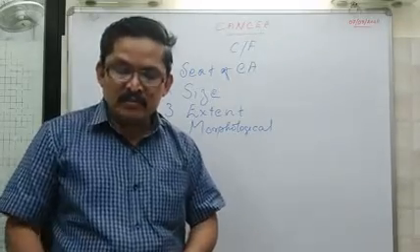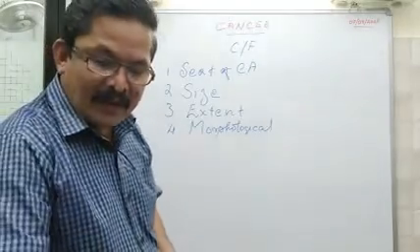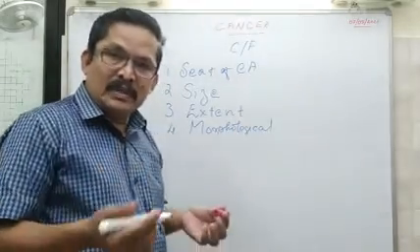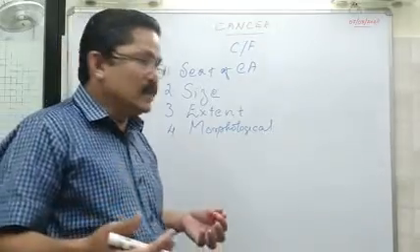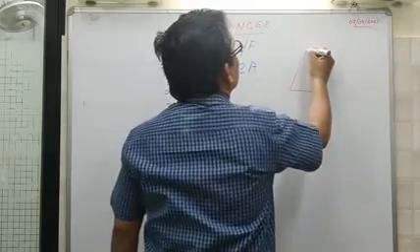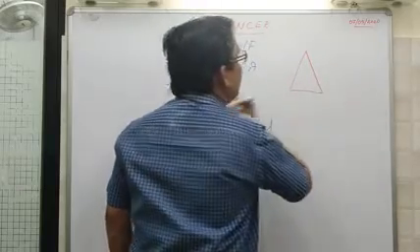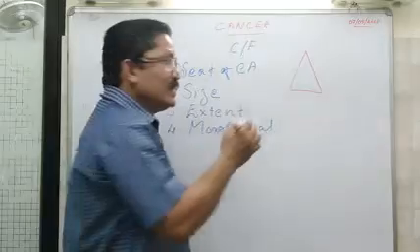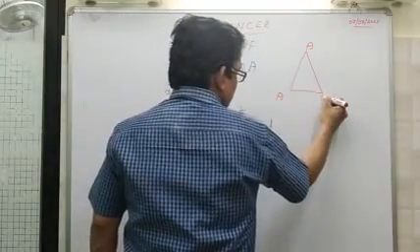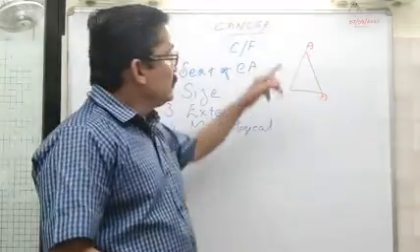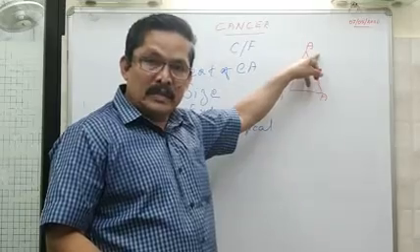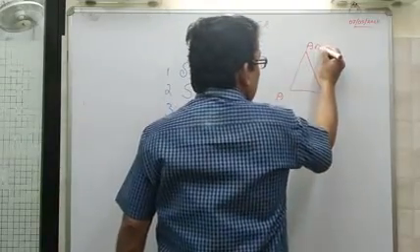The symptoms can be categorized as very general symptoms, whatever may be the class, size or extent. The general symptoms can be classified mainly with AAA. The first A represents anorexia.